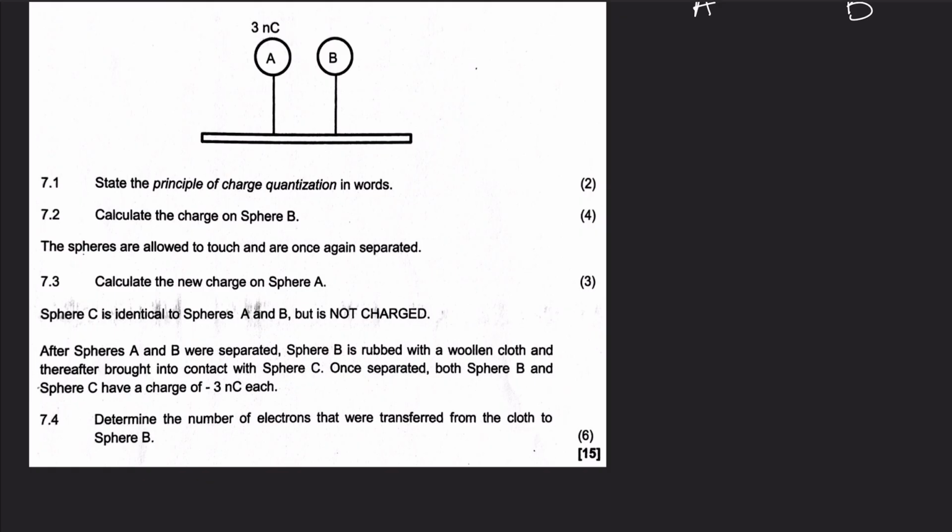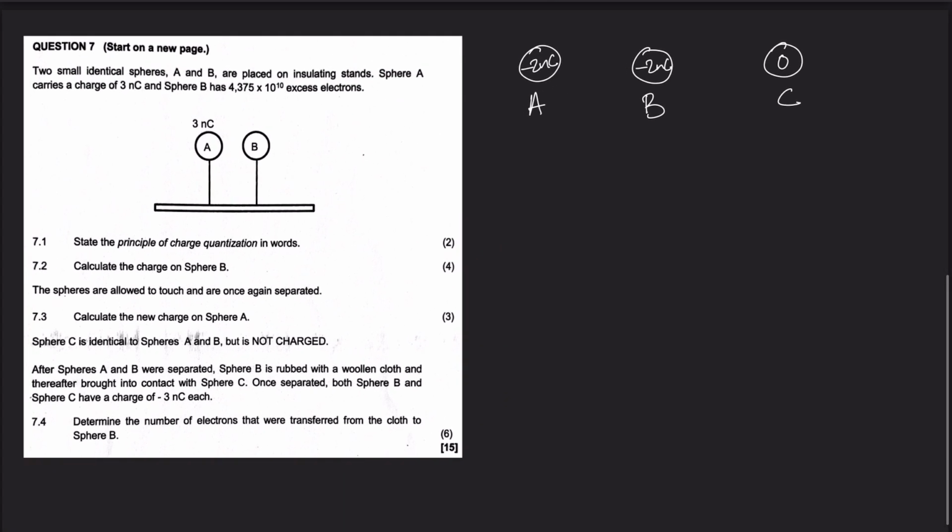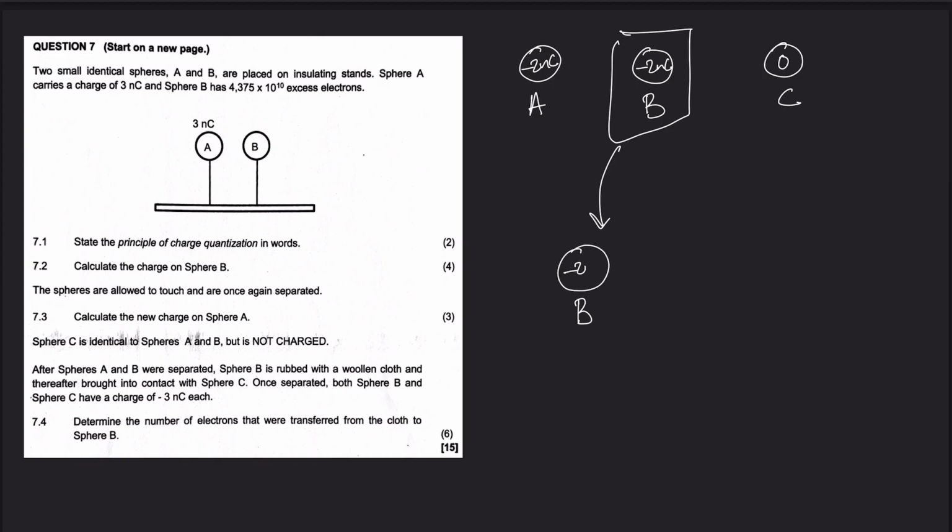Okay, so this question involves us having to work backward. So let's look at what happened. So we have B, and B is minus 2 nC, and then they brought a cloth. So it was rubbed with a cloth, and after it was rubbed with a cloth, it then got a new charge.